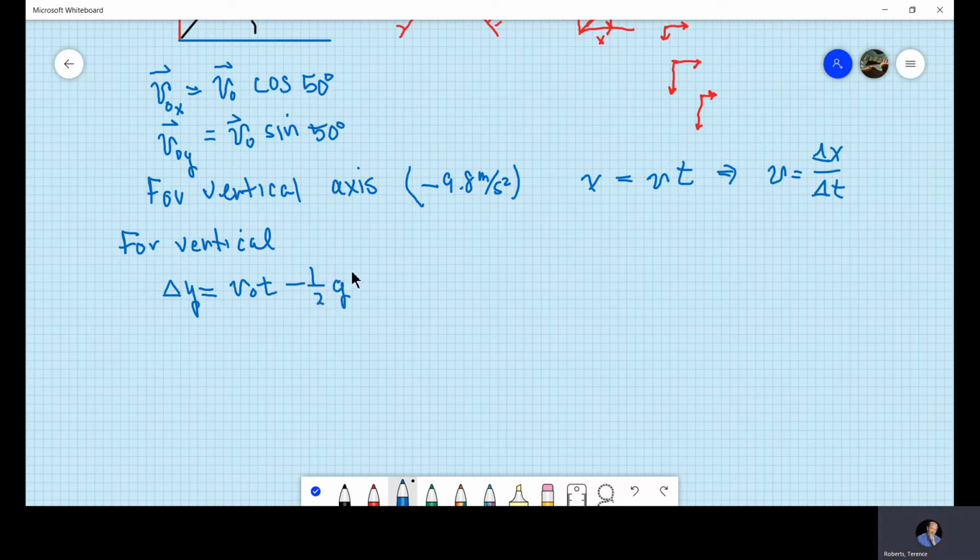And I'm putting the g in right now, that's why it's negative. We can use this equation to find the time because it has t in it. We can also use this equation to find the displacement. Let's first look at finding maximum time in the air.